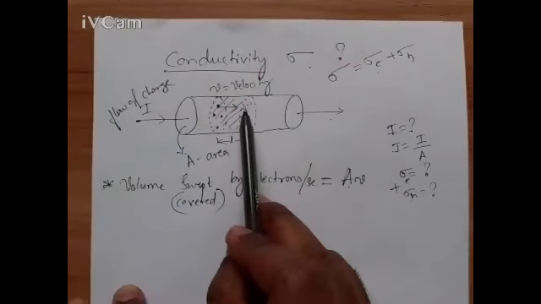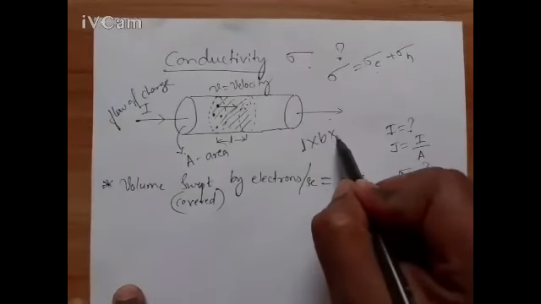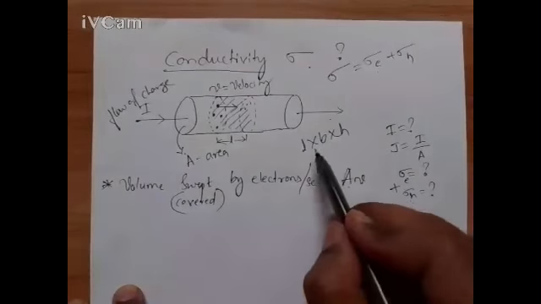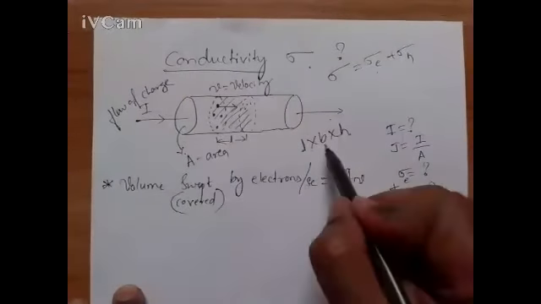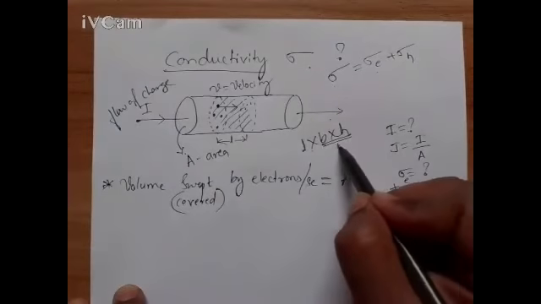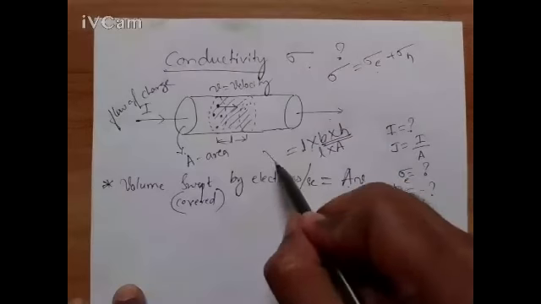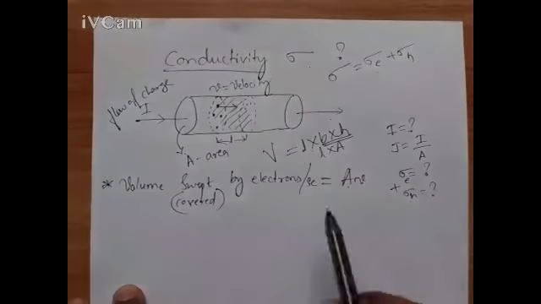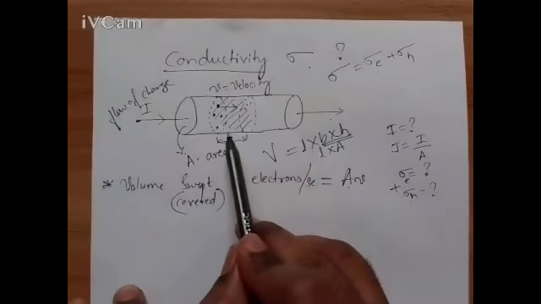So what is that volume? Volume is nothing but length into breadth into height. Already we have this area, so this is area into length. Again it is volume, capital V. This much volume is swept by these electrons.